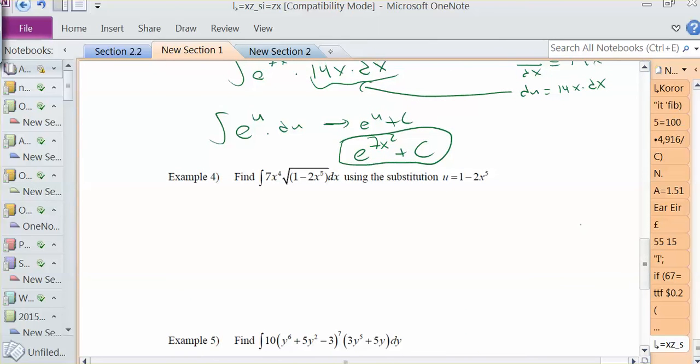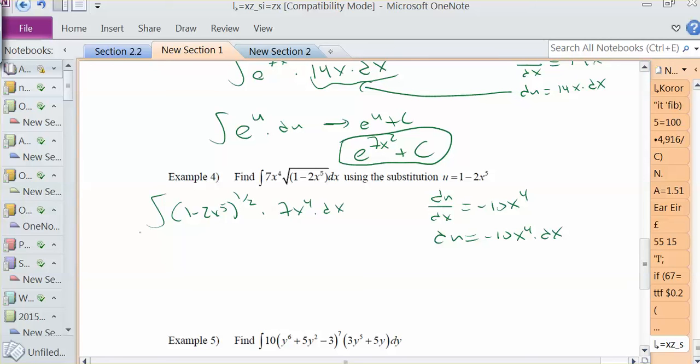Let's say u equals 1 minus 2x to the fifth. Then, of course, du over dx equals negative 10x to the 4th. Or du equals negative 10x to the 4th times dx. So I'm going to do a little rearranging here: the integral of 1 minus 2x to the fifth raised to the 1/2 times 7x to the 4th times dx. I'm going to move the 7 off to the left as a constant.